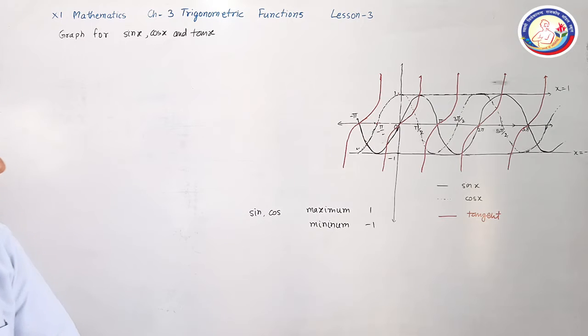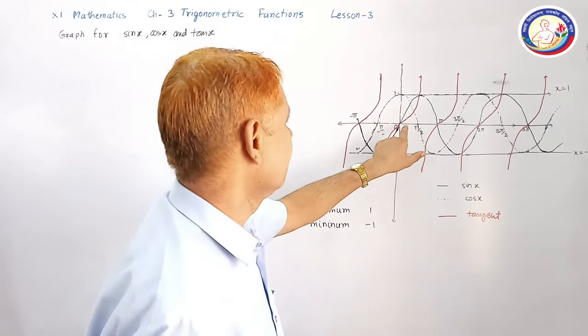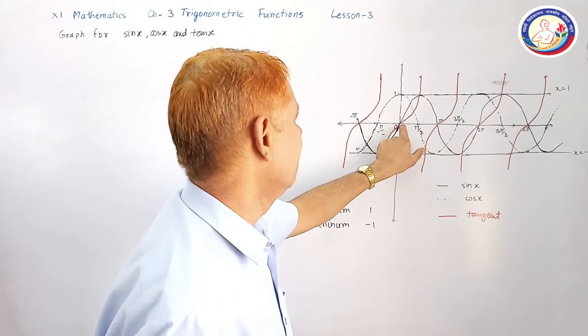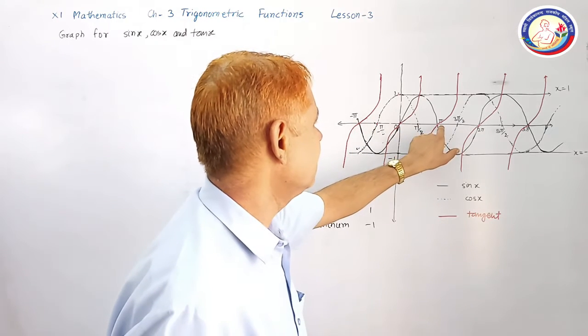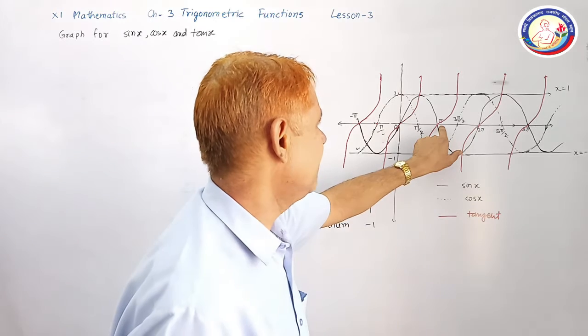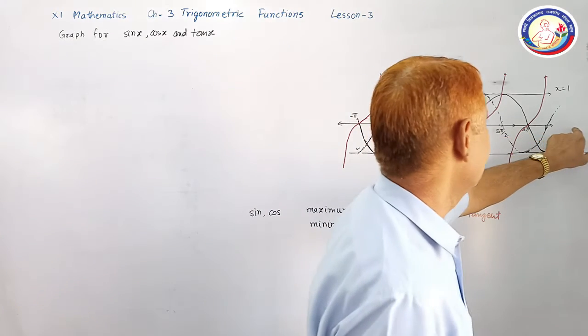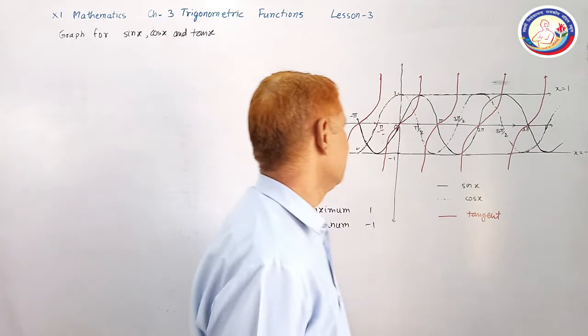I am repeating the previous study outcome. Sine is 0 at 0. It is 0 at minus pi. Again, sine is 0 at pi, 2 pi, 3 pi, 4 pi, 5 pi, etc.